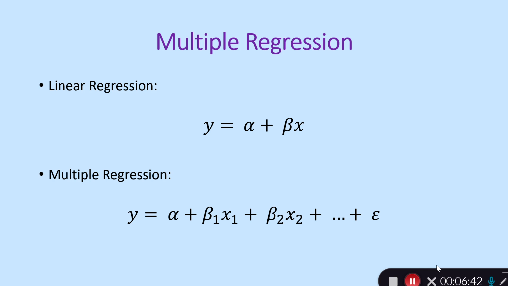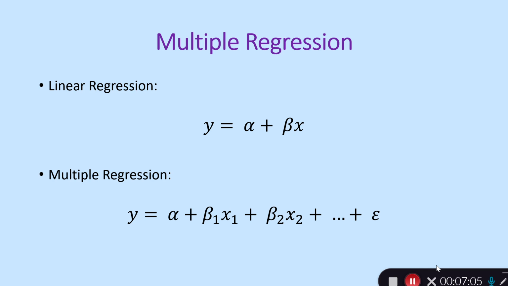So we can extend this linear model by just adding further independent variables. And these additional x variables are just represented by additional terms in the regression equation. So you can see there the linear regression equation, y equals alpha plus beta x. For multiple regression, we're just adding additional terms.